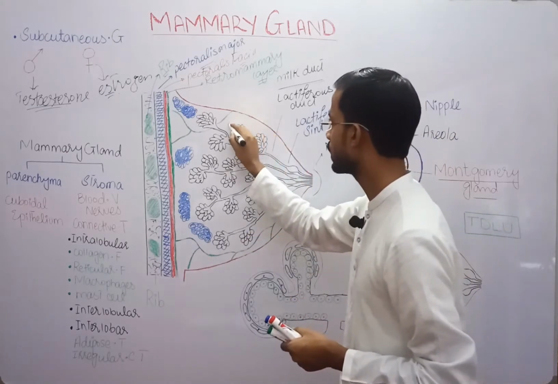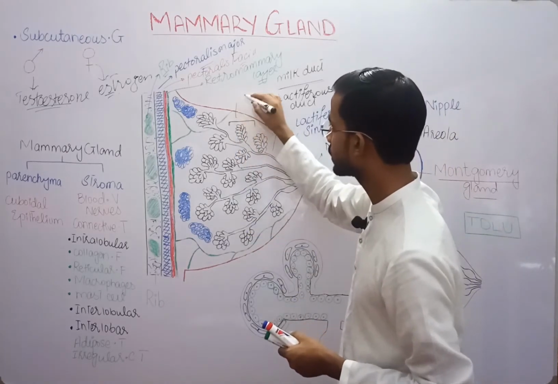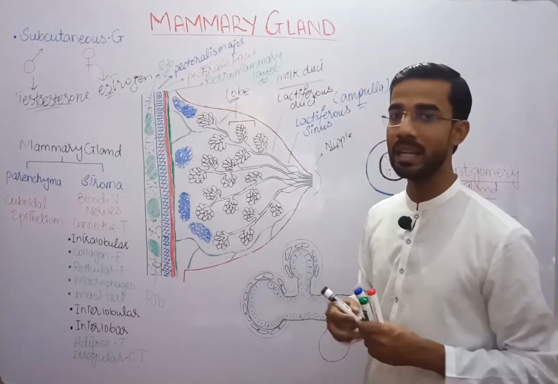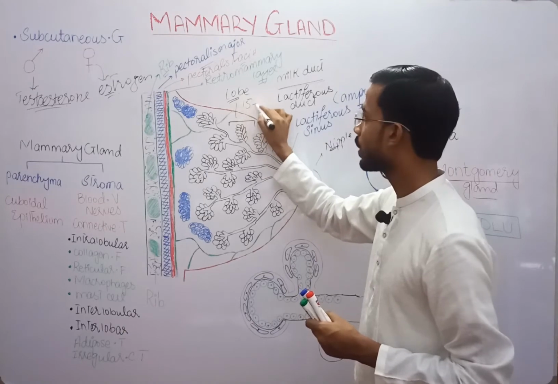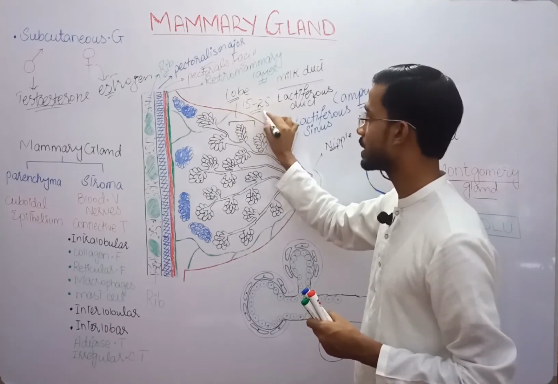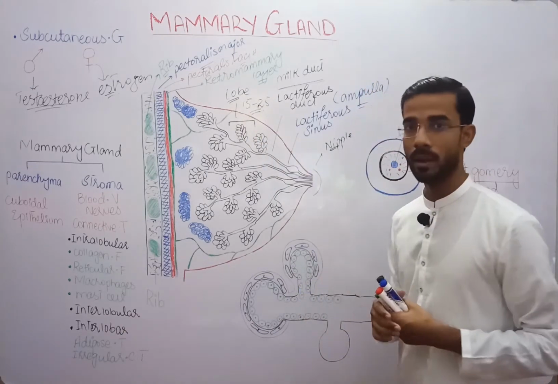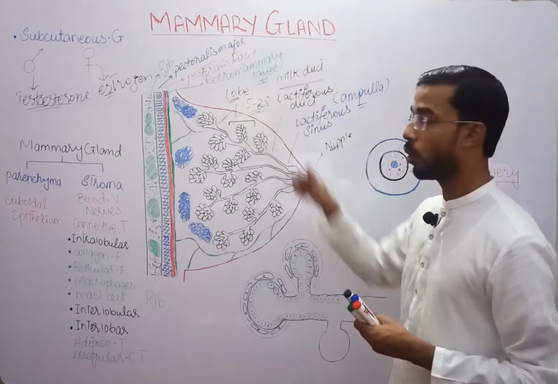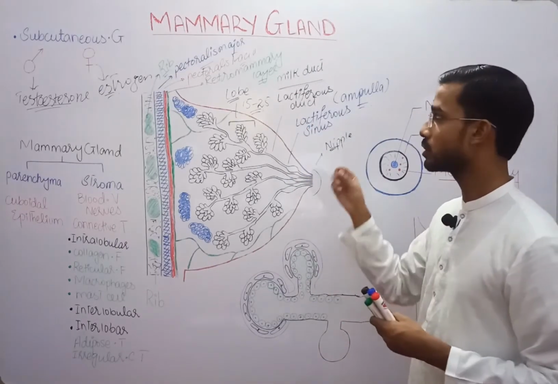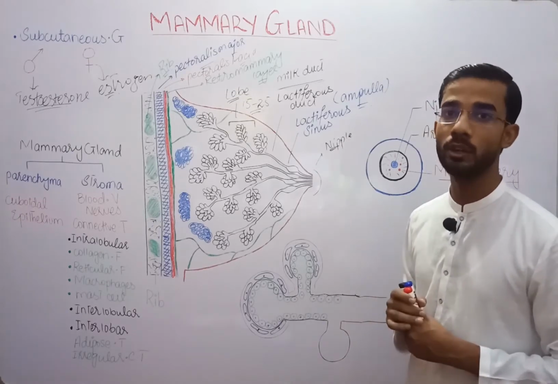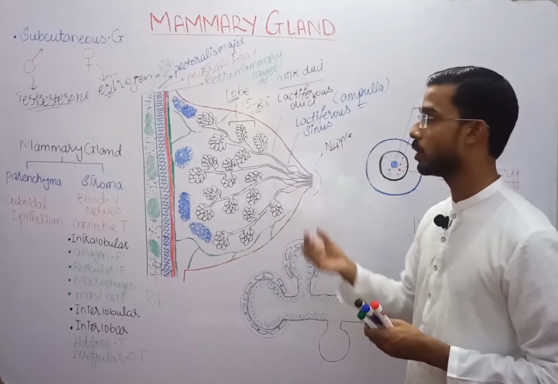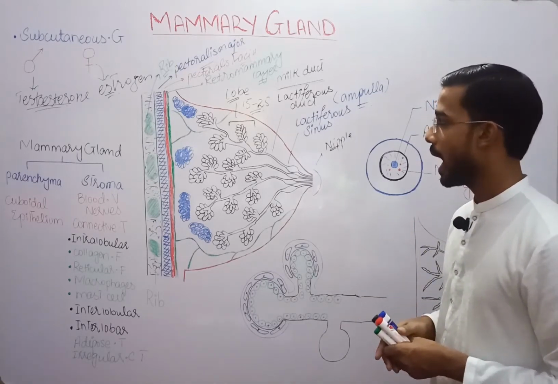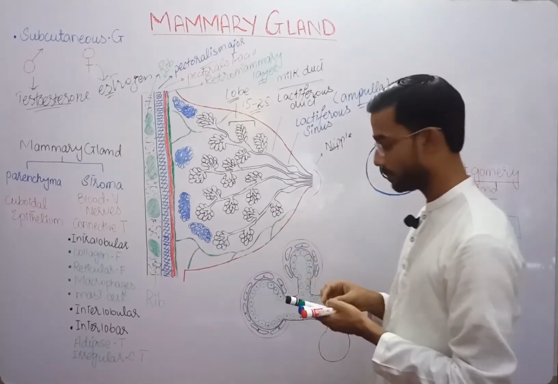Normally 15 to 25 lobes are present in the mammary gland, and in a lobe there are further small lobes called lobules. A lobe contains several lobules.